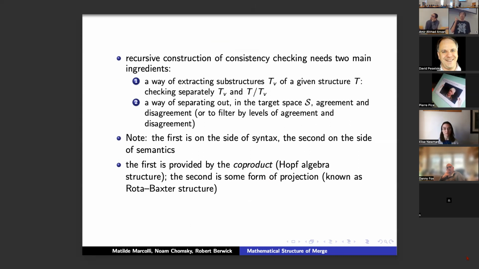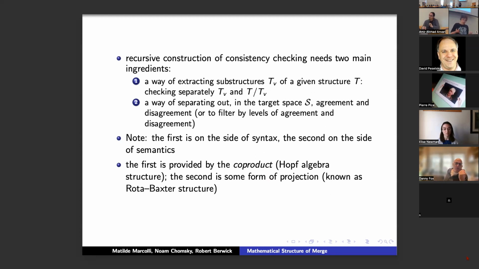It requires a way of extracting substructures and checking values on the substructure and what remains, so that you can make some consistency checking, right? So you need a mechanism that extracts substructures and what remains of the substructure. We already know what that mechanism is. The coproduct of a Hopf algebra is exactly doing that for you, and that's why you want the Hopf algebra structure here, because it's doing the extracting of substructures for you.